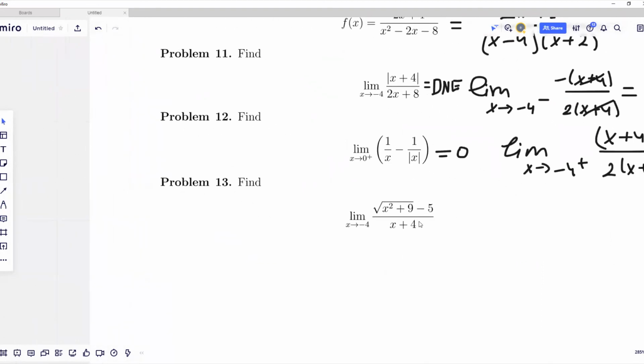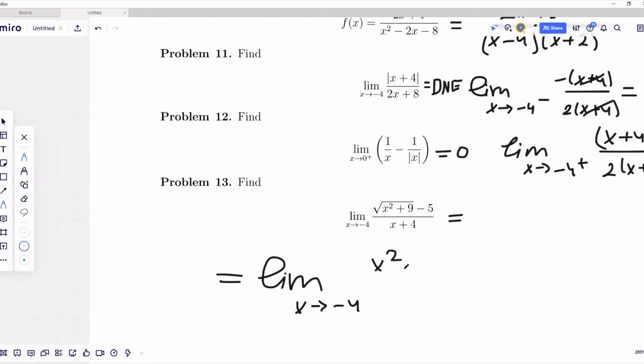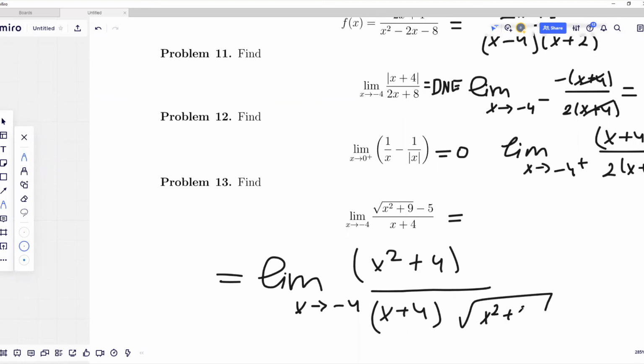Okay, next problem. So here we can multiply and divide both numerator and denominator by the conjugate. So we'll have limit as x is approaching -4, x squared plus 9 minus 5 times x squared plus 9 plus 5 in the numerator, and the denominator will have x plus 4 times the root of x squared plus 9 plus 5. Oh my bad, I made a mistake here.